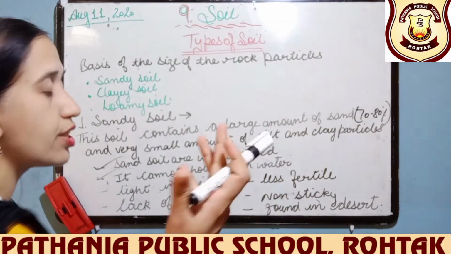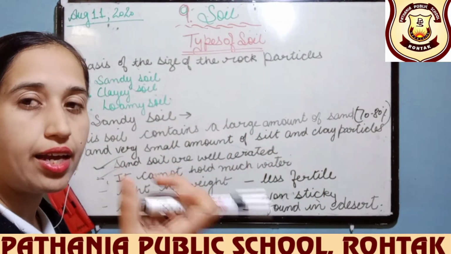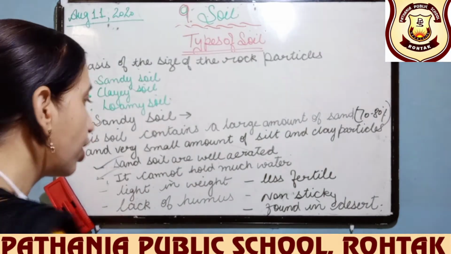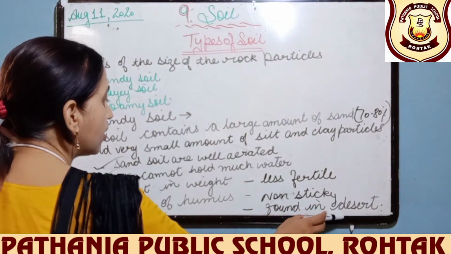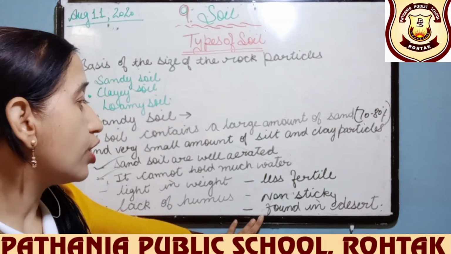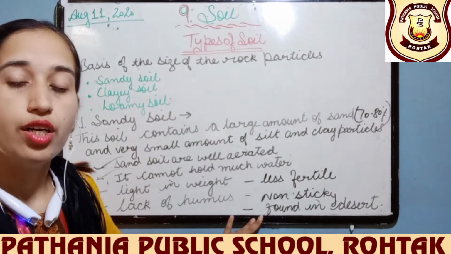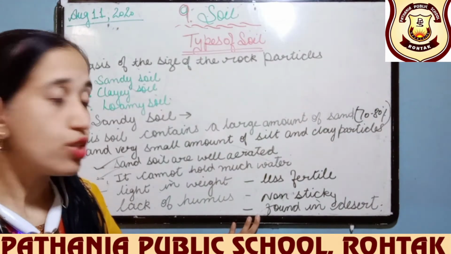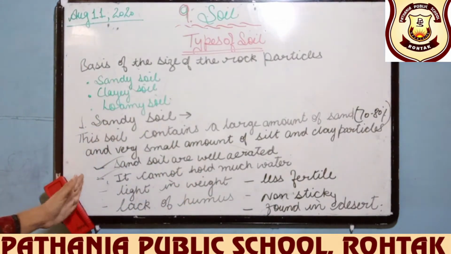It is not sticky, so it does not bind the particles or help plant growth. It is found in deserts, which is not at all good for the requirements of a plant. That is all about sandy soil.